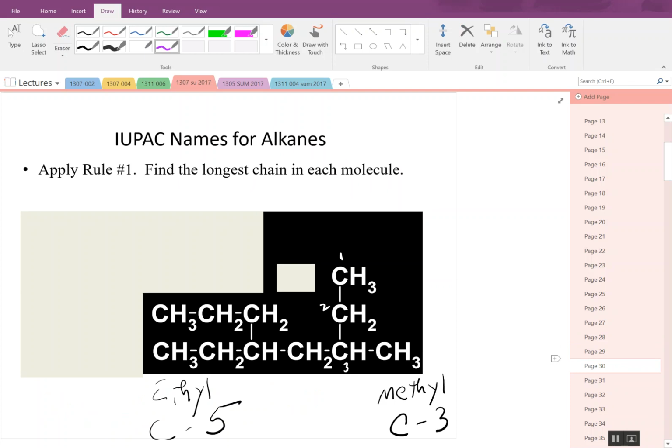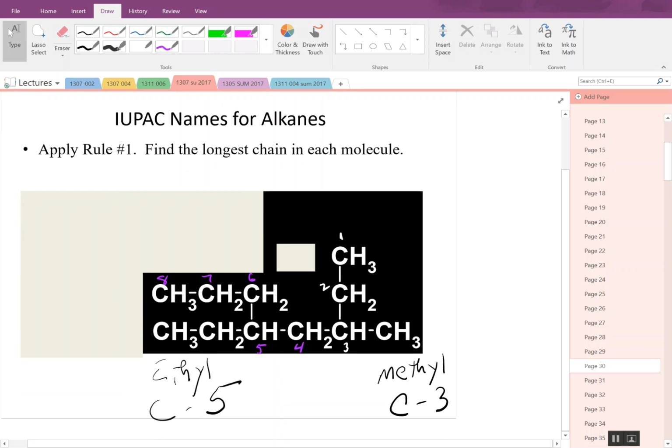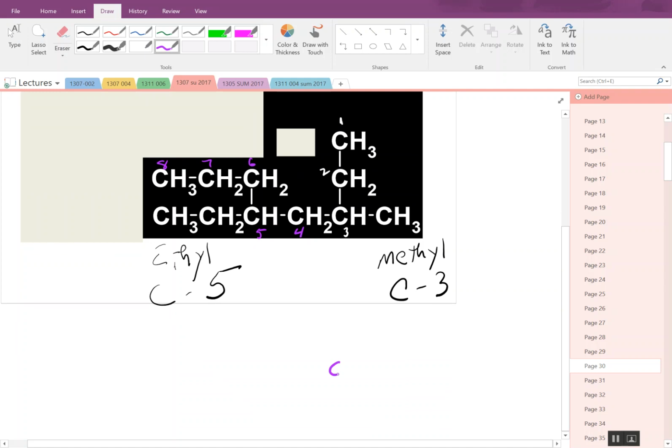Okay, so this one is 8 carbons long. Purple might be even better because I can write in black and I can write on the white. So what do we have here? We have octane. So we said the parent name is octane.